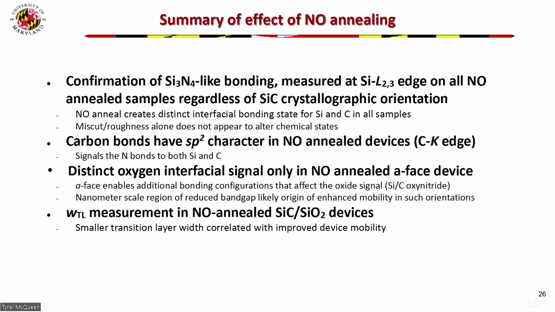And the oxygen interfacial signal was only for the A phase and annealed samples. And we also see, of course, a decrease in the width of the transition layer with annealing time, and that correlated with the improved charge carrier mobilities.